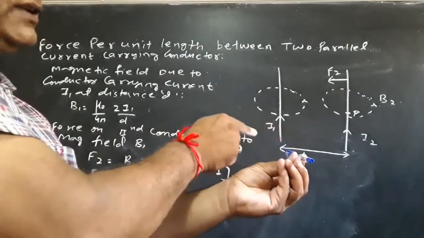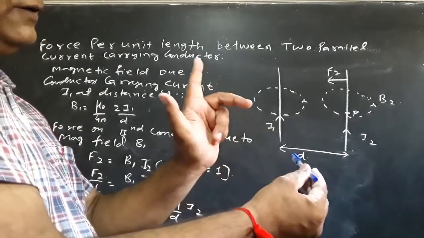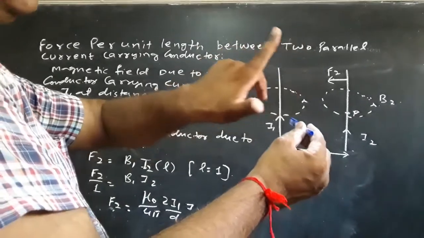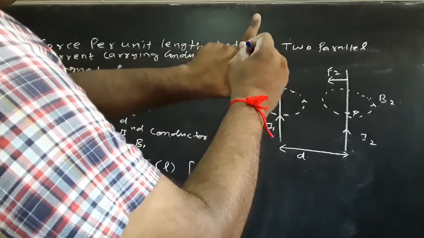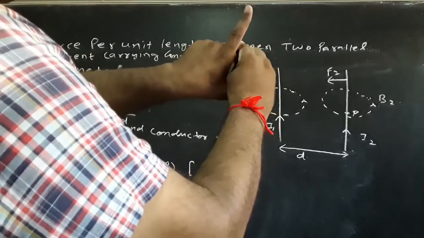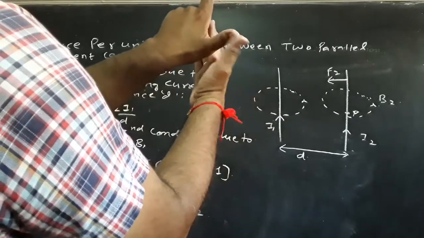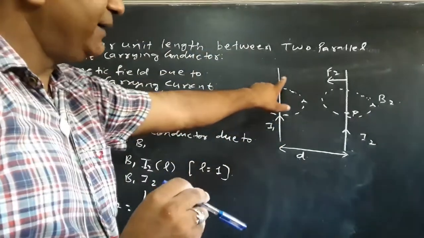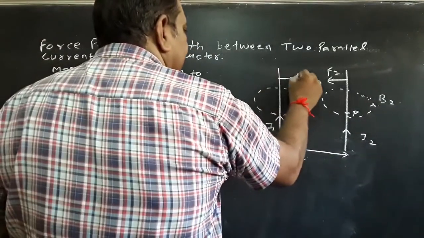Current is flowing in this direction. So according to the left hand rule, now you can apply in this way. This is the direction of magnetic field, which is upward. This is the direction of current, like this. So this thumb points in this direction. So the force applied on the first conductor, we can say this is F1.